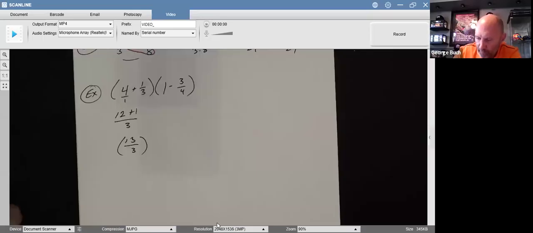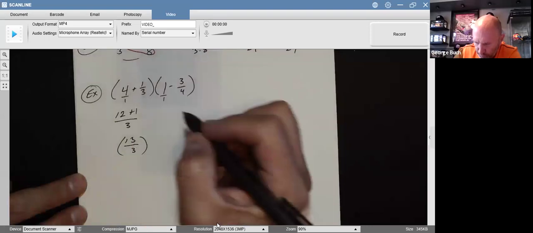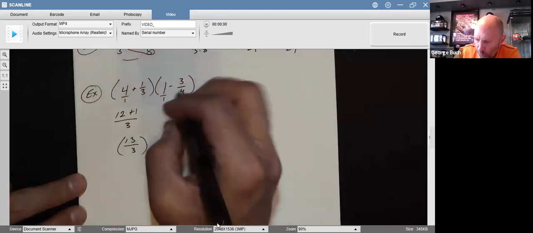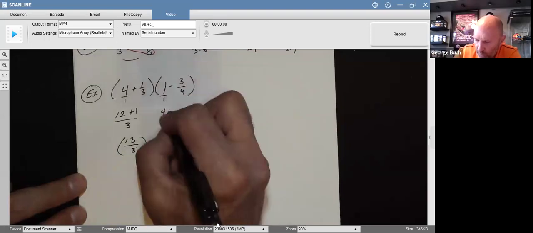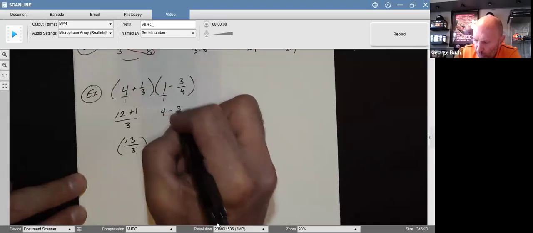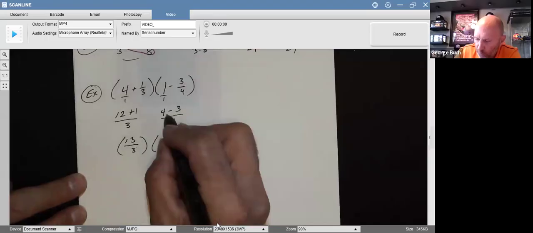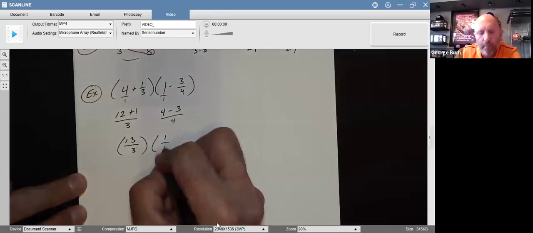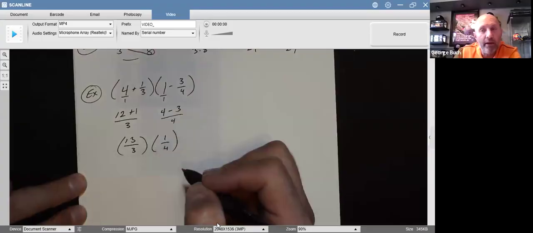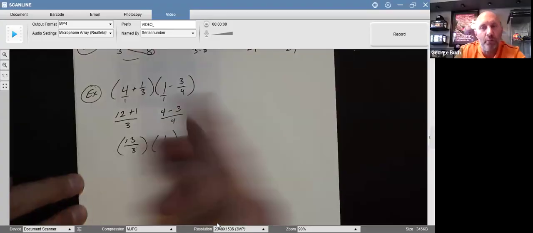Then this one, again, if you want to think of 1 over 1, 1 times 4 is 4, minus 1 times 3 is 3, all over 1 times 4 is 4. So this is 4 minus 3 is 1 over 4. And now I have what? I have two fractions that I'm multiplying.